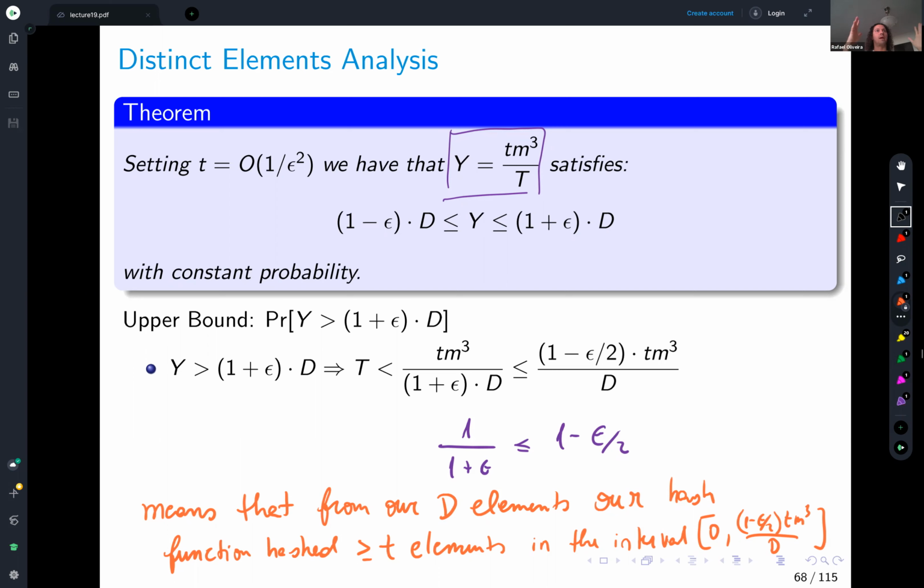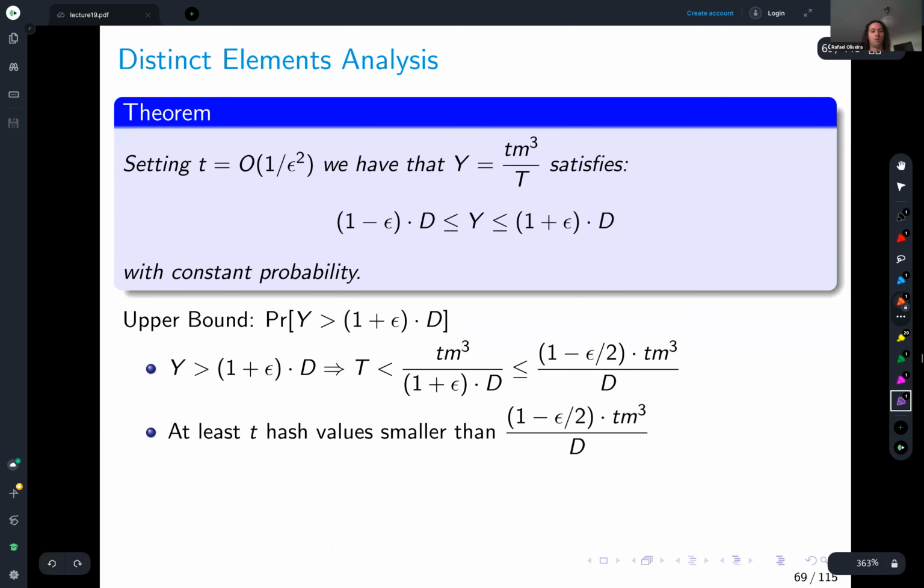You don't expect a lot of them to clump in one part of your range. That intuition from the beginning turns out to be actually true. A random function will map them so that every range gets roughly the same number of elements. That's why we had that intuition.